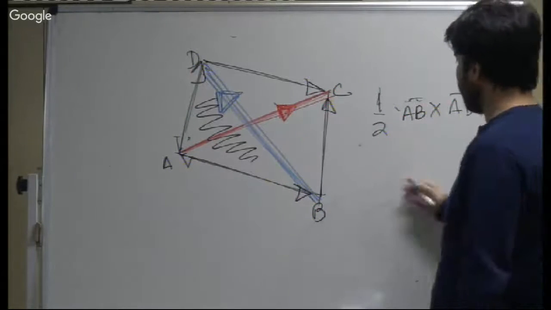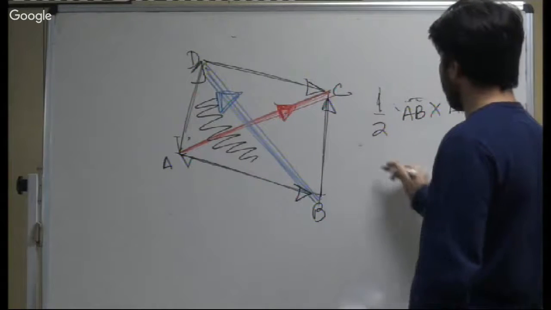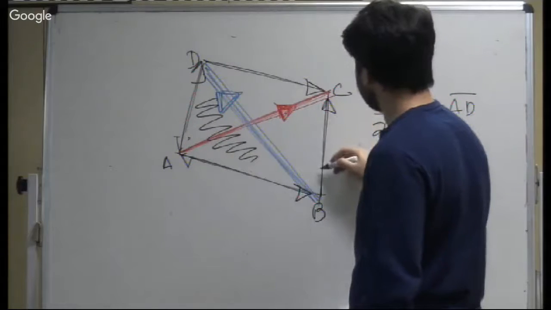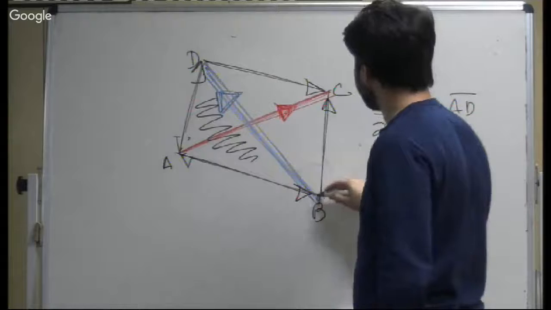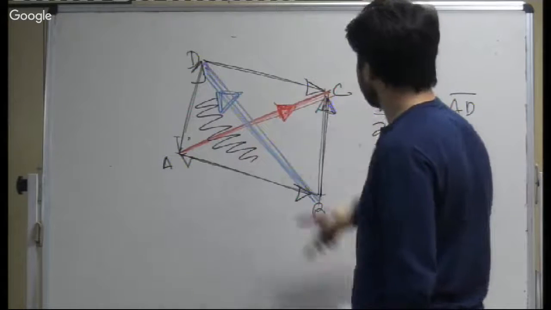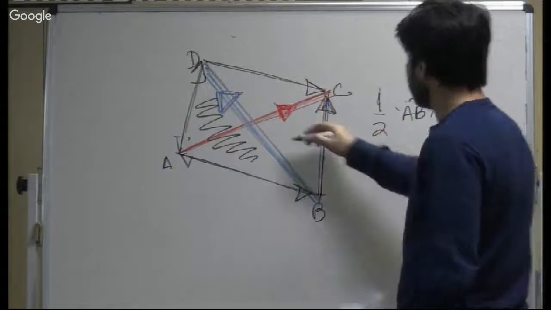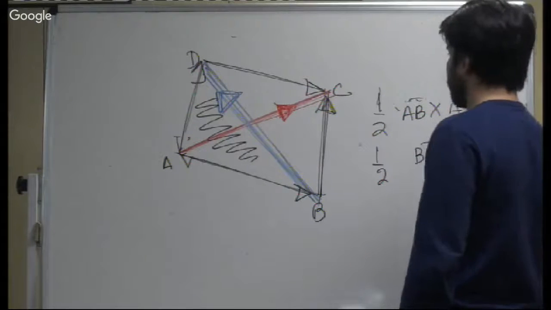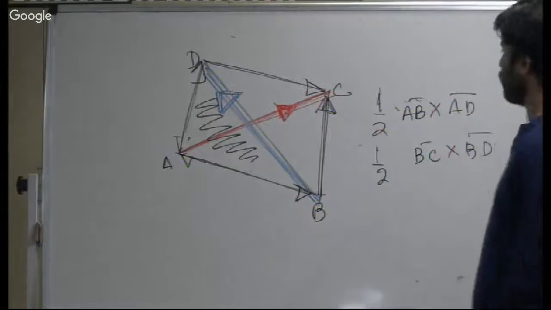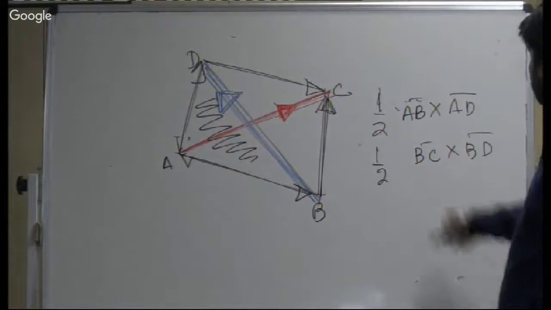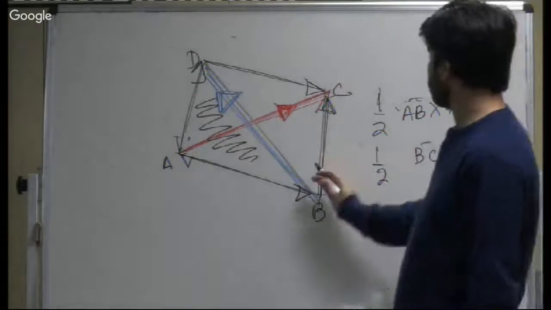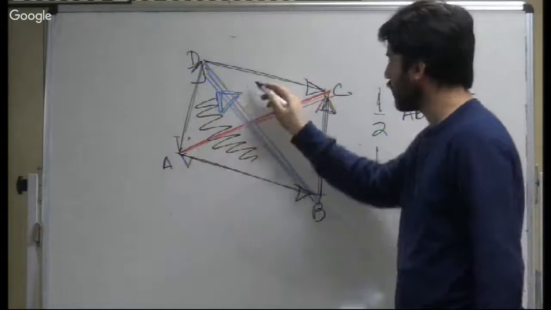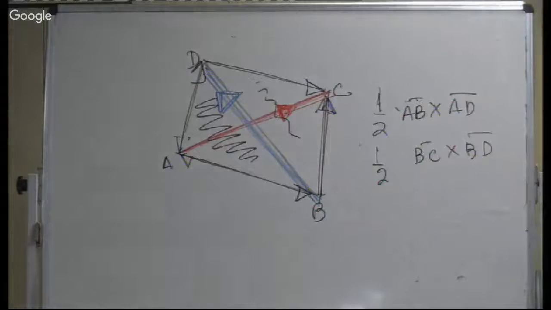And the other thing will turn out to be half BC cross BD. This is one triangle. The other triangle is this. So half BC cross BD.